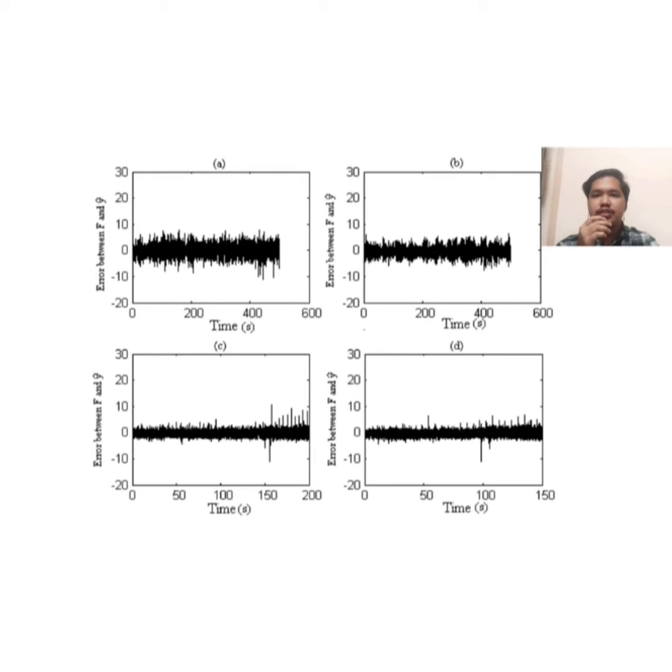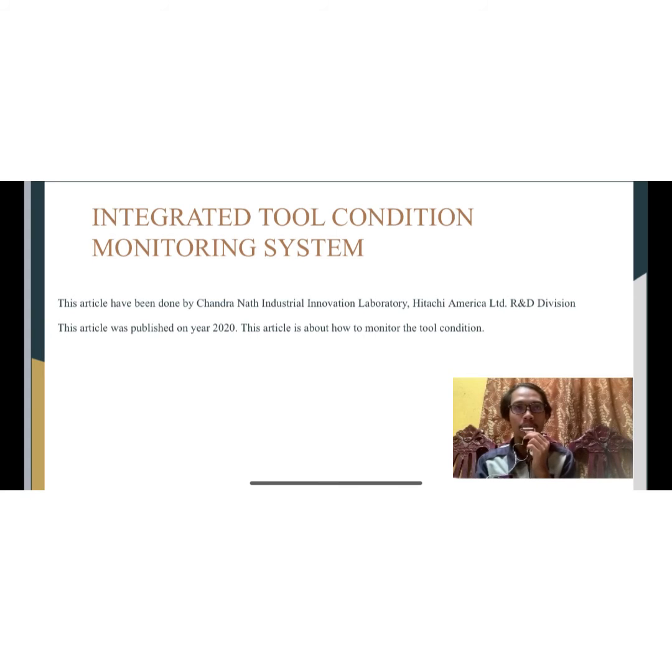C is spindle speed 1000 RPM with feed rate 200 mm per minute, depth of cut 1 mm. And the last one is spindle speed 1200 RPM with feed rate 200 mm per minute, depth of cut 1 mm. They show the least error.